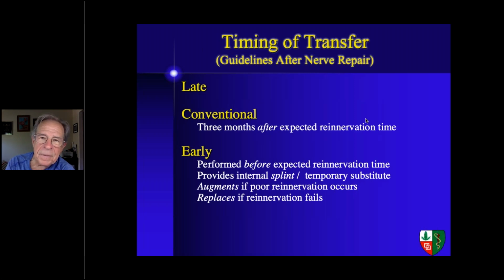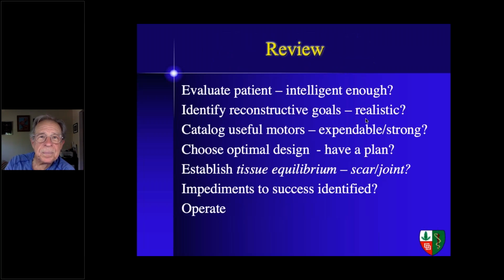For example, after a humerus fracture where the nerve is destroyed and maybe it has to have been grafted with long grafts, and so the expectations go down in terms of function. For that patient, you might want to consider an early muscle tendon transfer, because if it functions as it should, it gives them temporary good function. And if all the reinnervation fails, it replaces what nerve repair didn't do.